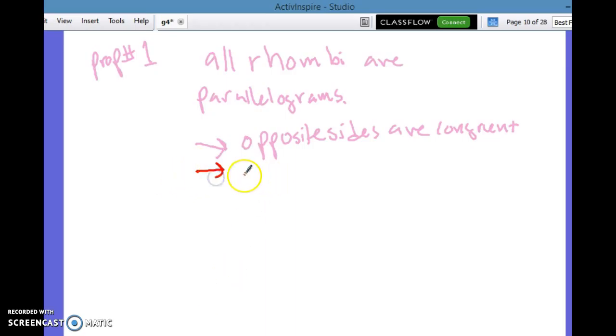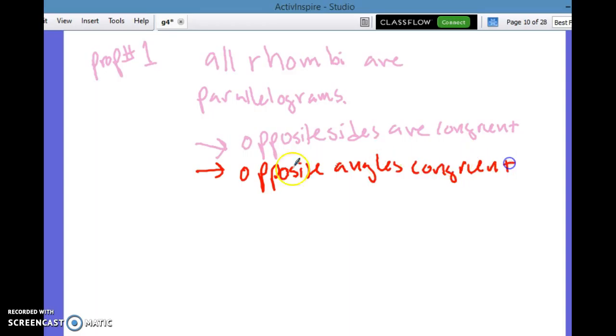We have opposite angles congruent. We have consecutive angles are supplementary.